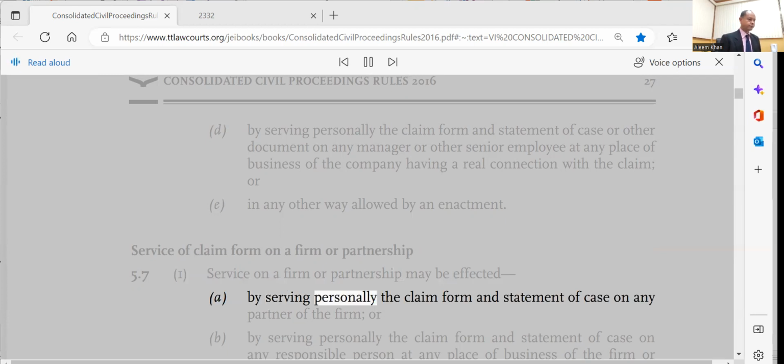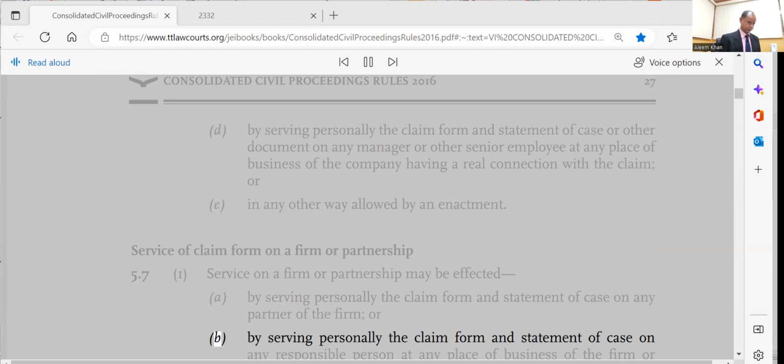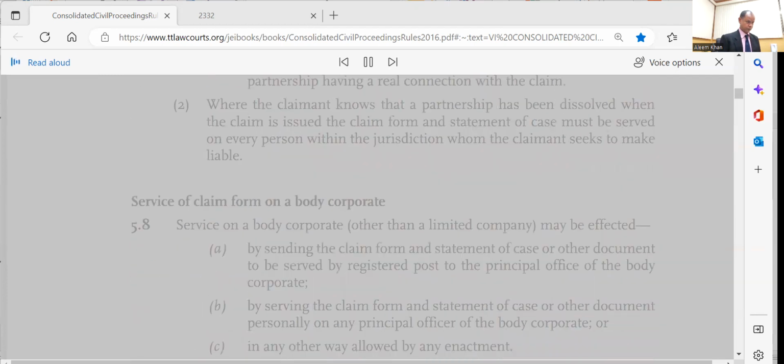By serving personally the claim form and statement of case on any partner of the firm, or b. By serving personally the claim form and statement of case on any responsible person at any place of business of the firm or partnership having a real connection with the claim. 2. Where the claimant knows that a partnership has been dissolved when the claim is issued, the claim form and statement of case must be served on every person within the jurisdiction whom the claimant seeks to make liable.